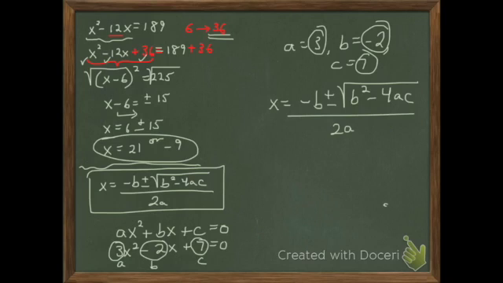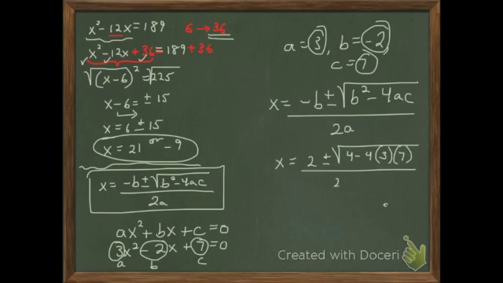So what are my values? Be negative, negative. A negative, negative is a positive. So this will be 2 plus or minus the square root of, what is b squared? 4 minus 4 times what's a? So what's c? All over 2 times a.